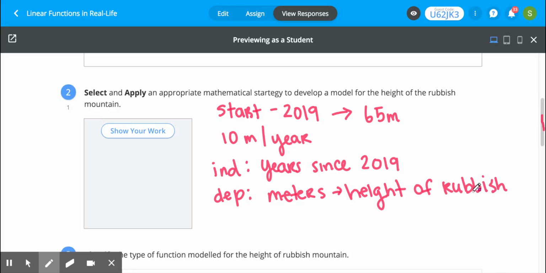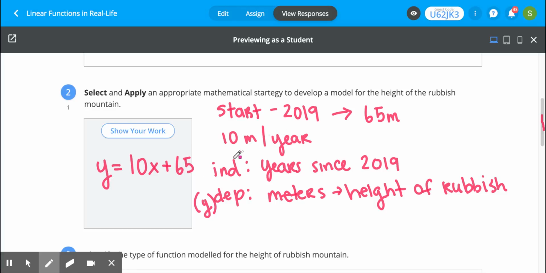Okay, so knowing this information, what is my equation going to be? I could have y equals, right? This is y, that's my dependent variable. So the height is going to be equivalent to 10x plus what it already was, 65.